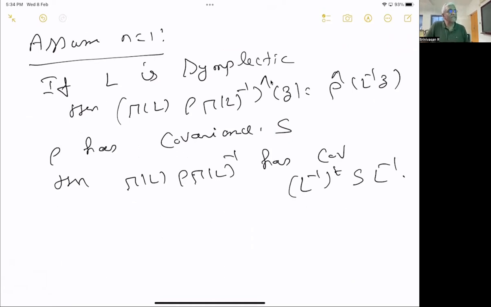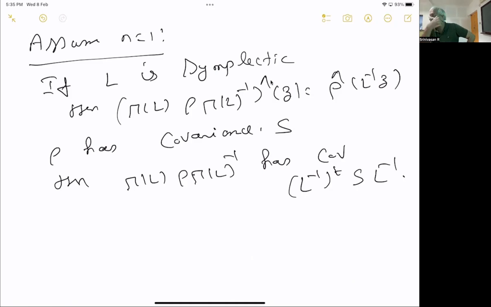If L is positive, then we will get L inverse itself, since L inverse transpose is L inverse.